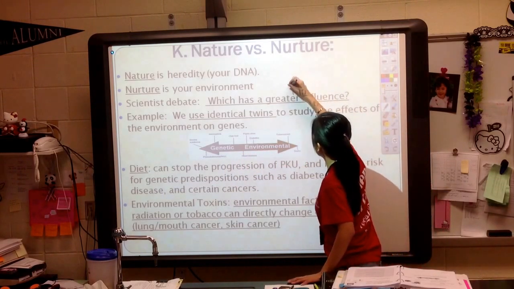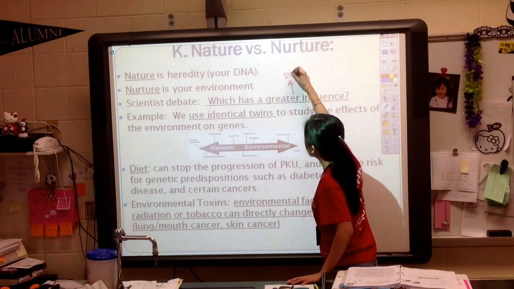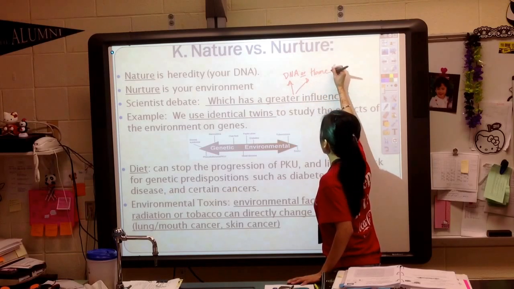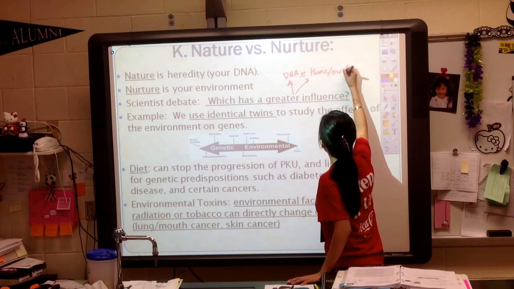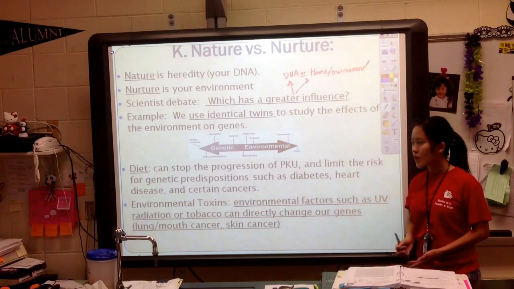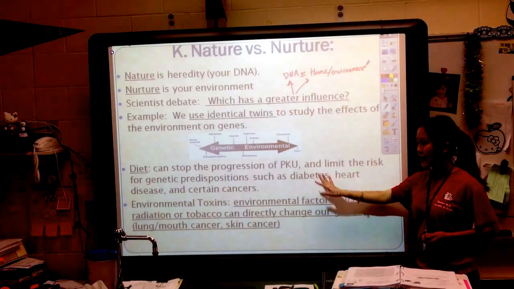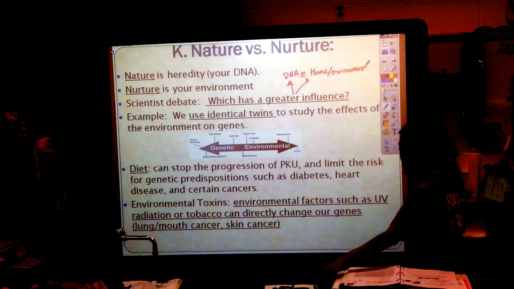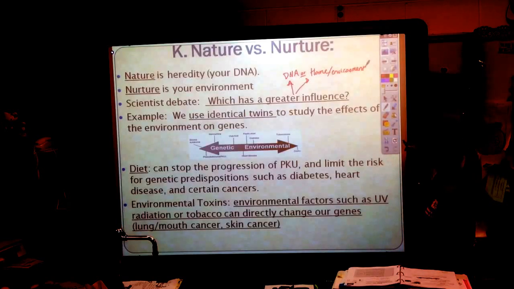So what has the greater influence? This could be your DNA, your genetics, or maybe your home life, your environment. Think about how diet can have an effect and how environmental toxins can have an effect. So take a minute to pause, copy this down.